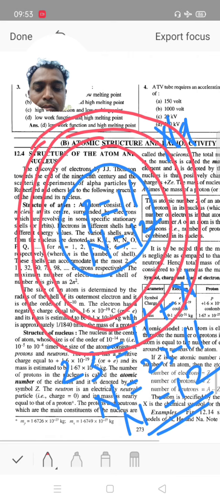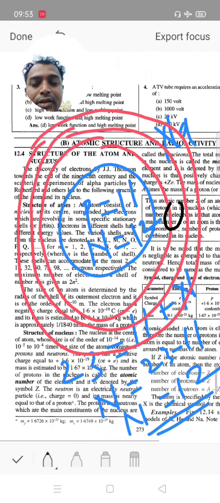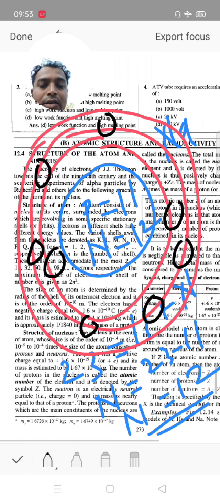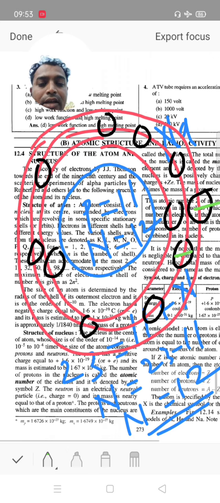The first shell contains 2 electrons, the second shell contains 8 electrons, and the last shell contains 1 electron, so the total number of electrons present is 11. The last shell has only one valence electron.